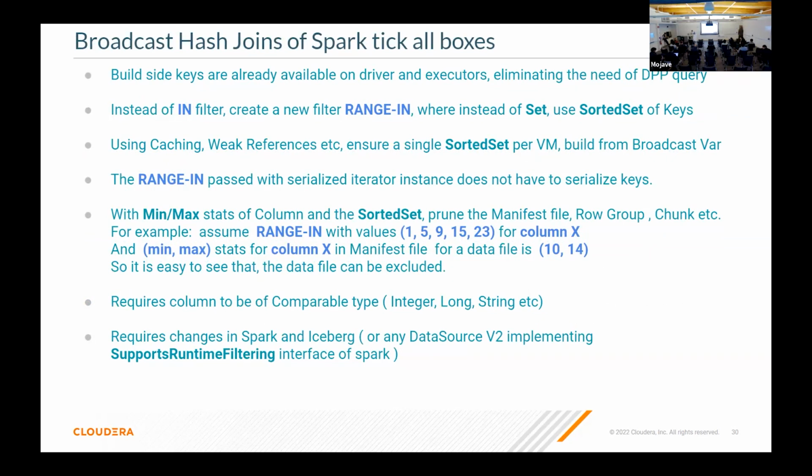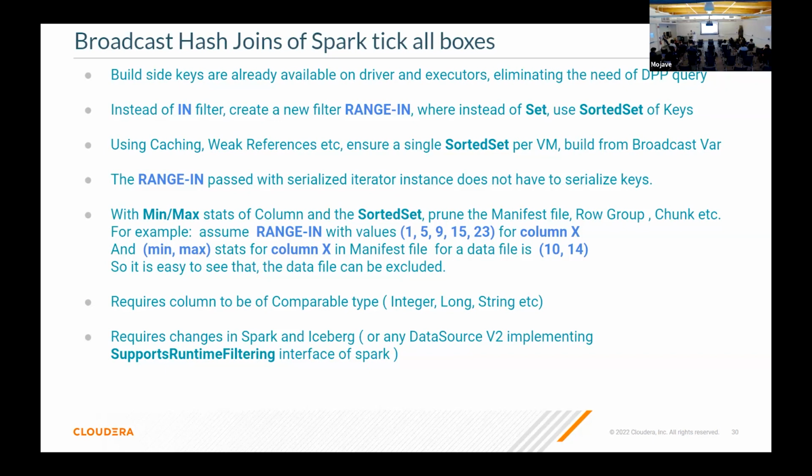Because it's already available on the executors, you can just deserialize it. So what is required is that instead of an IN filter, you create something like a range IN, which is nearly IN, but instead of a set, you have a sorted set of keys. Sorted set because we want to prune the ranges.